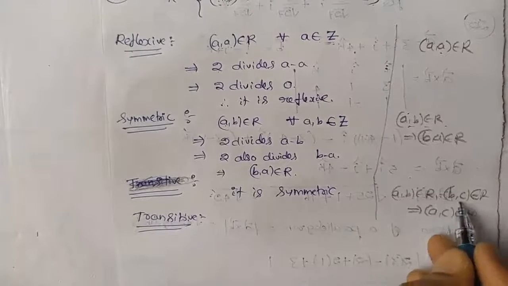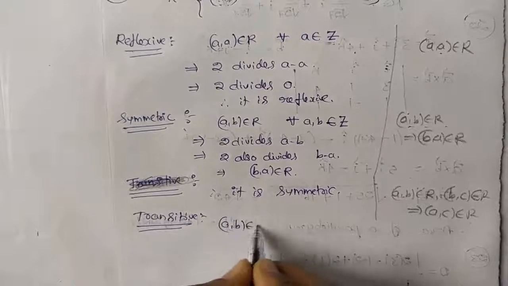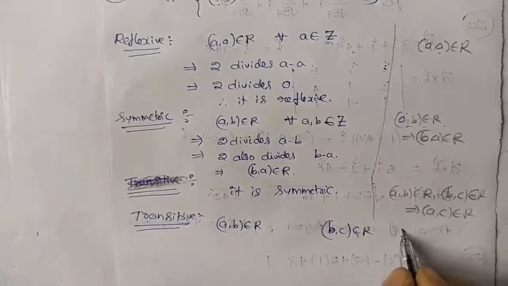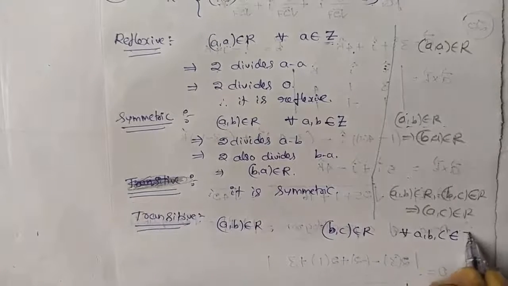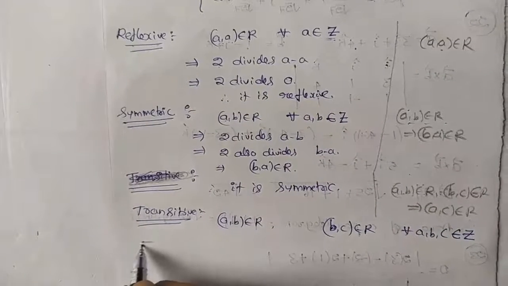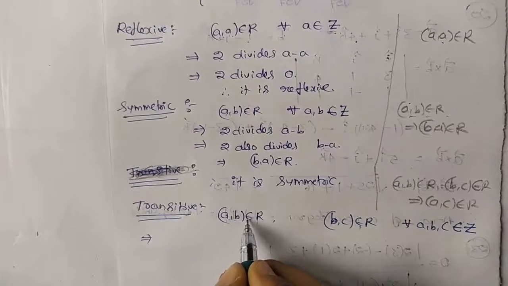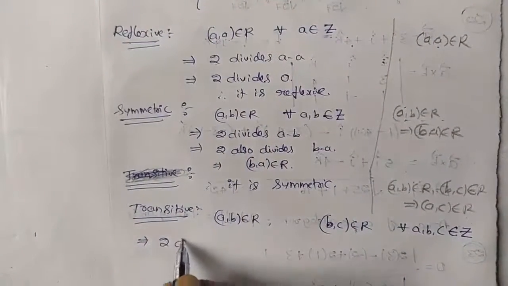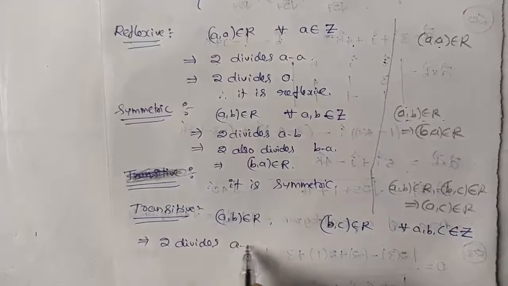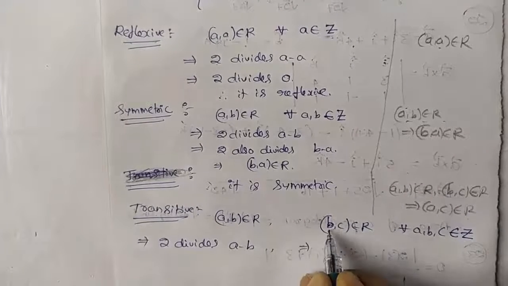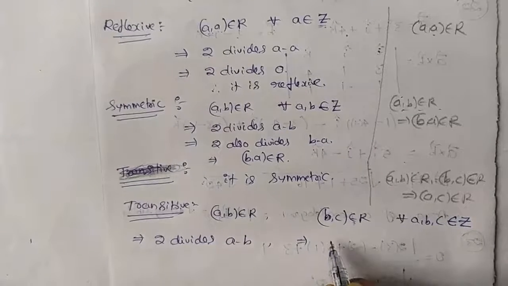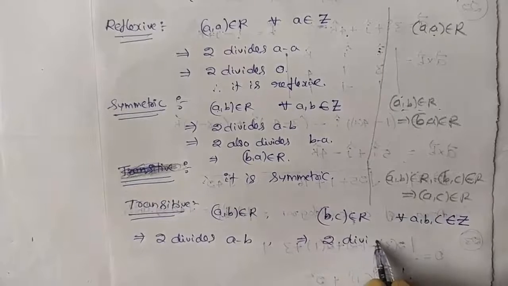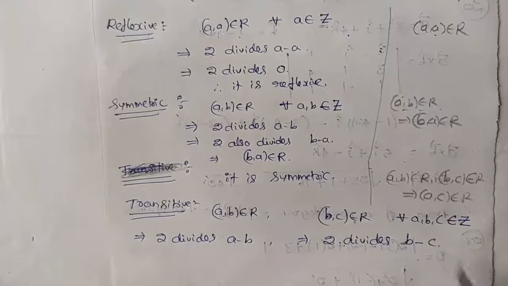So transitive: (a, b) belongs to R and (b, c) belongs to R, for all a, b, c belonging to the set Z. (a, b) belongs to R means 2 divides a minus b. (b, c) belongs to R means 2 divides b minus c.